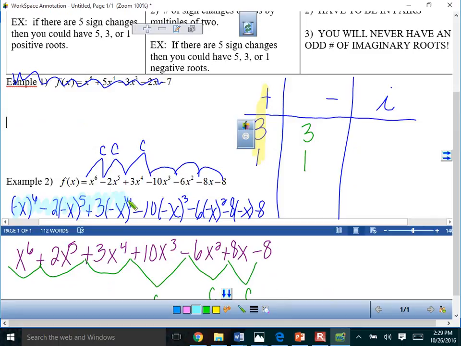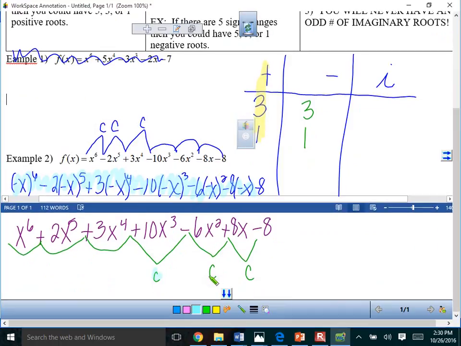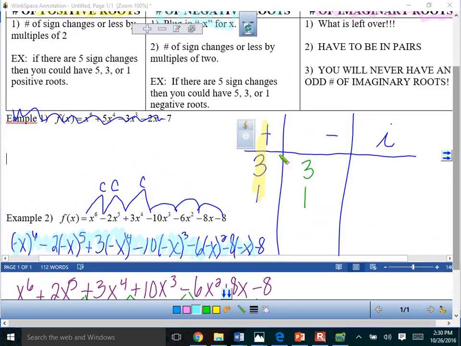Once we plug in negative x for x, we want to evaluate this and find the number of sign changes, which we found to be 3. So you can see here, 1, 2, 3. Okay? Or 2 less than that, which is 1.